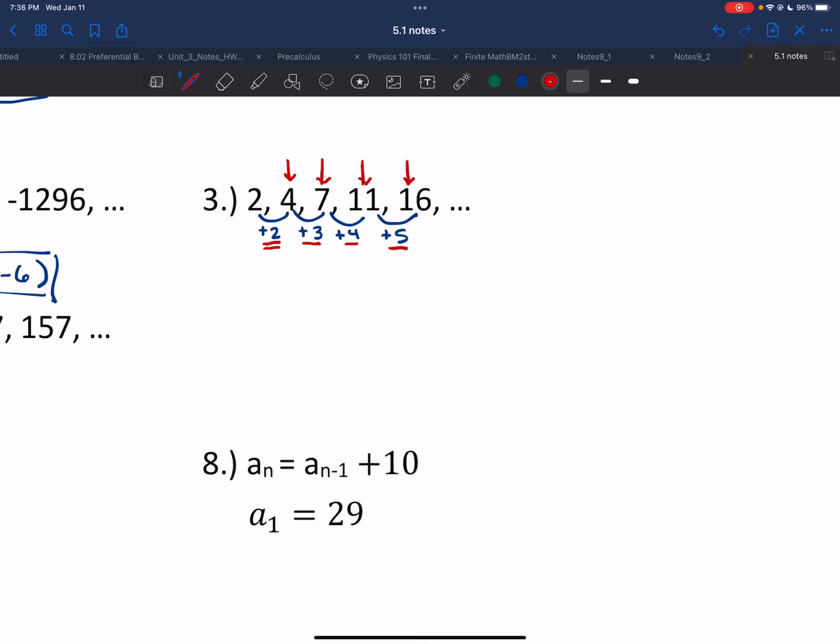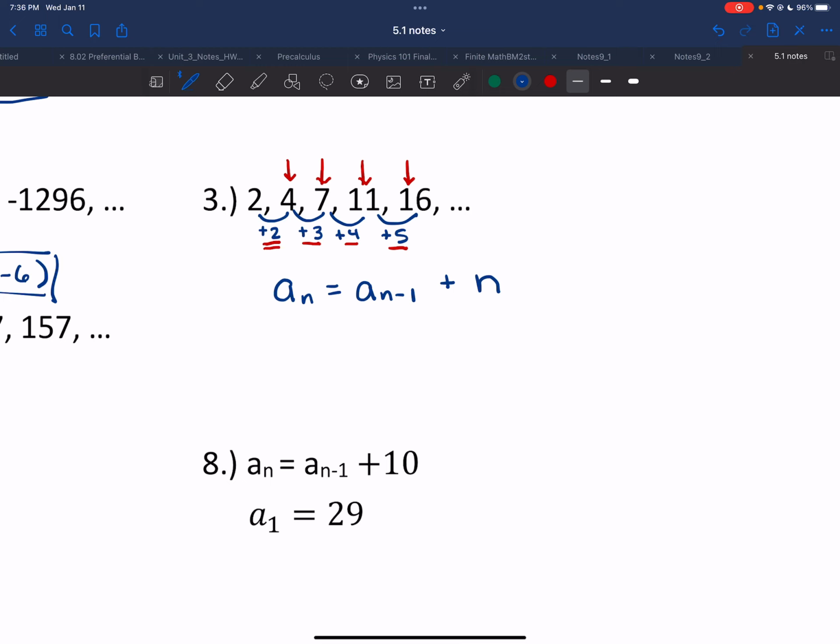So my equation for this is actually going to be, the number that I add by is the same as my term number. So that means I've got a to the n equals a to the n minus 1 plus n.